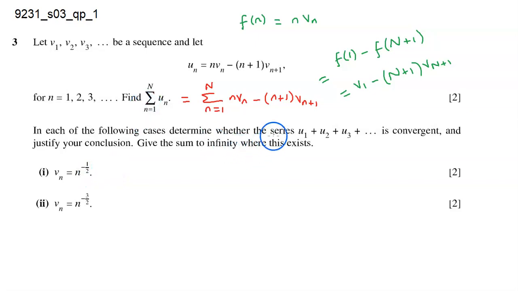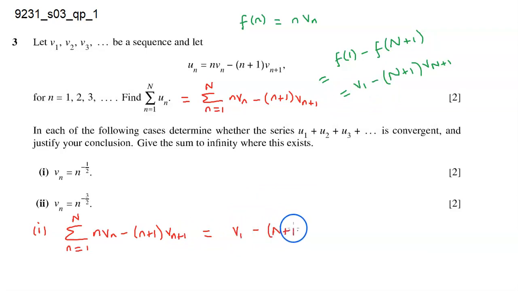And so if we calculate the sum from n equals 1 to N of Un, let me just write it out. n times Vn minus n plus 1 times Vn plus 1, and we know that that's equal to V1 minus N plus 1 times V of N plus 1.